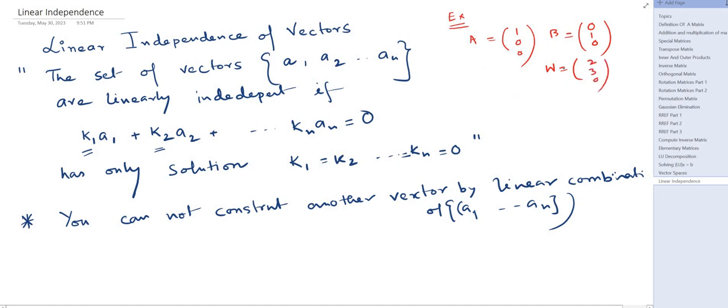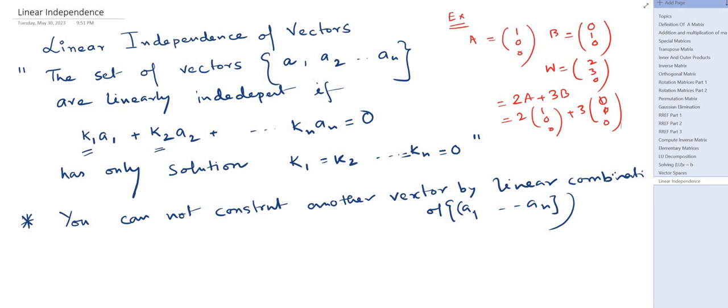Now just by seeing, I can see that if we make a linear combination with scalar values, like if we multiply 2a plus 3b, it will form this, because 2a means 2 times 1 0 0 plus 3b means 3 times 0 1 0.